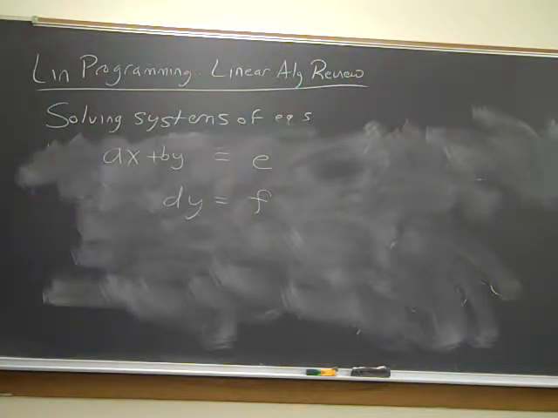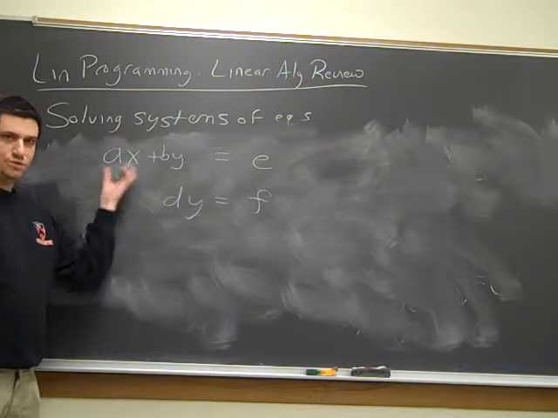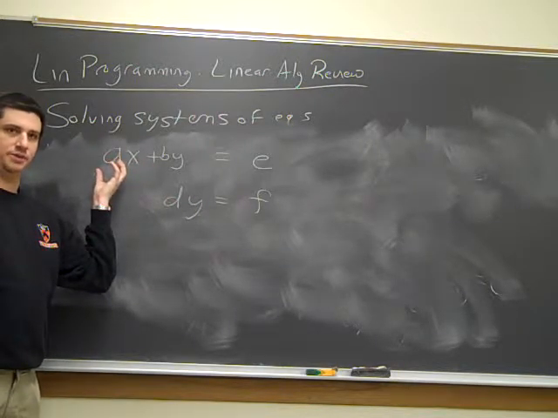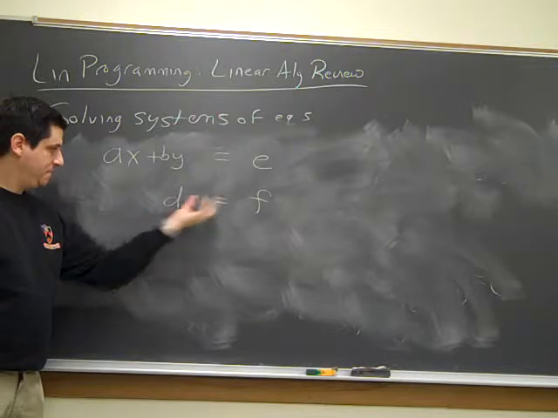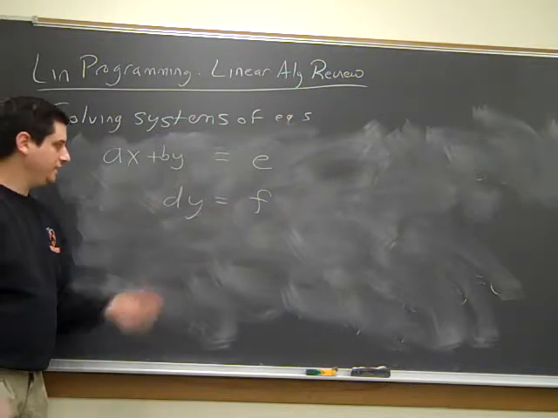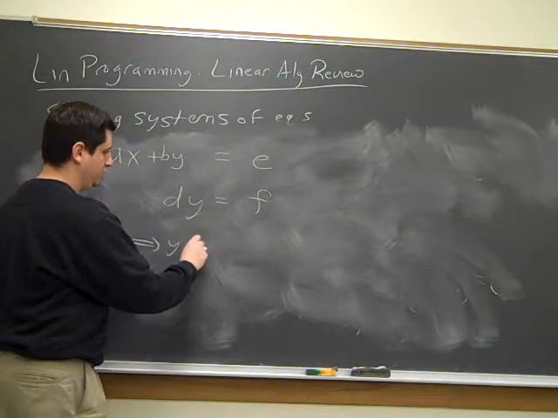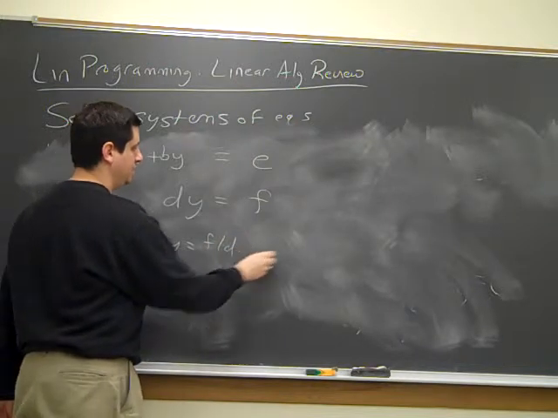And if I do something like this, which variable should I solve for first, x or y? Y. I can pick off y easily. y is just f over d. And then I substitute.